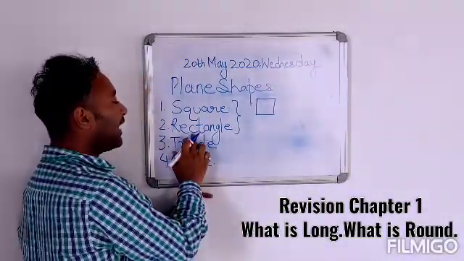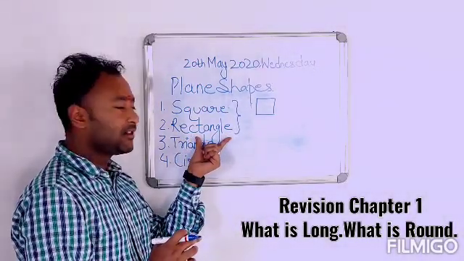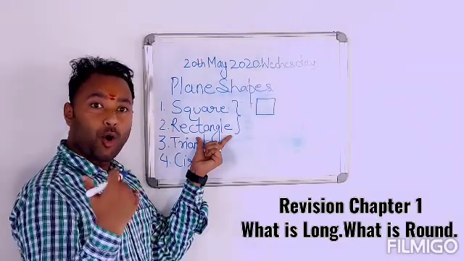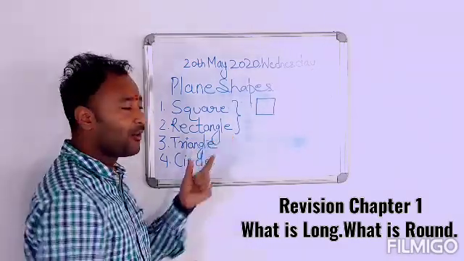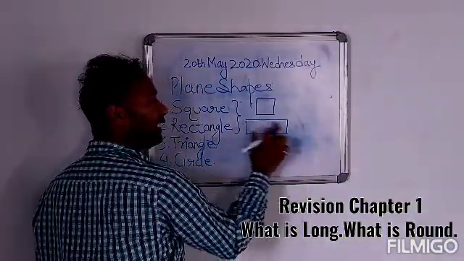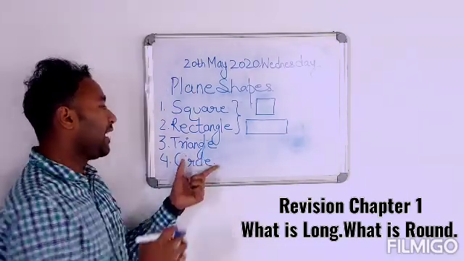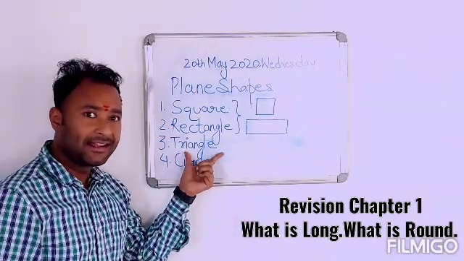Okay, if I say what is the shape of this rectangle, the rectangle is a shape whose opposite sides are equal. So opposite sides are equal means either these two sides are equal or these two sides are equal.